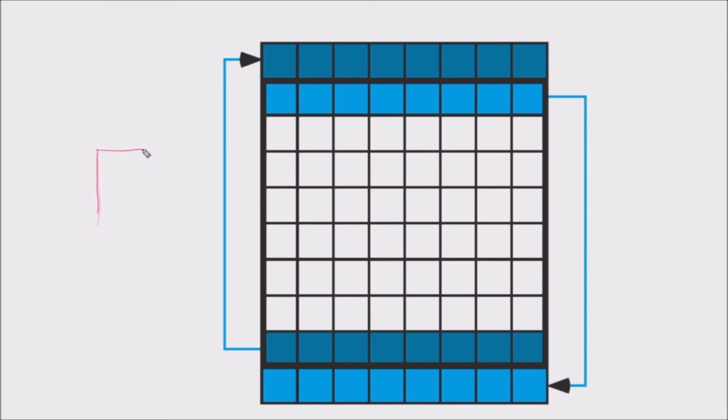Now, this is my simulation, this is my set of cells. At the beginning, I will consider only a very few areas of it. So let me tick this one and its neighbors.